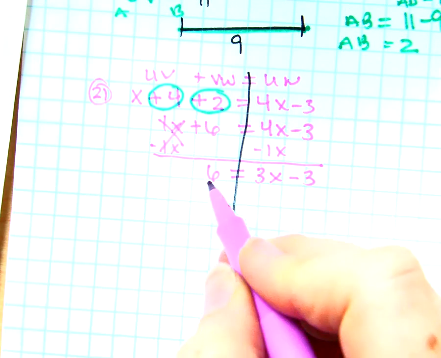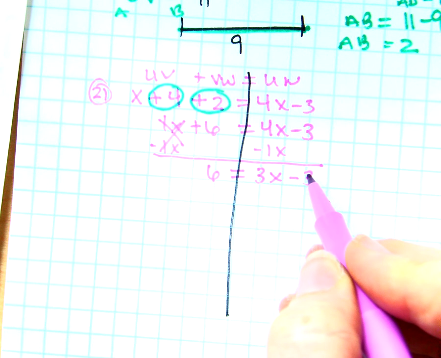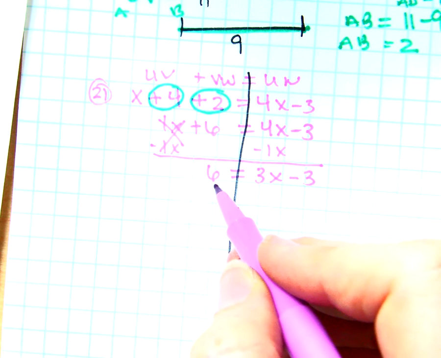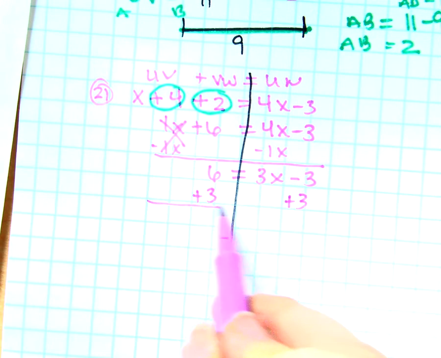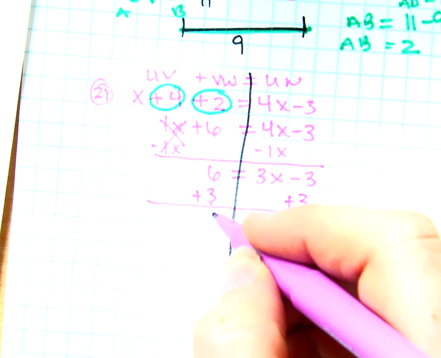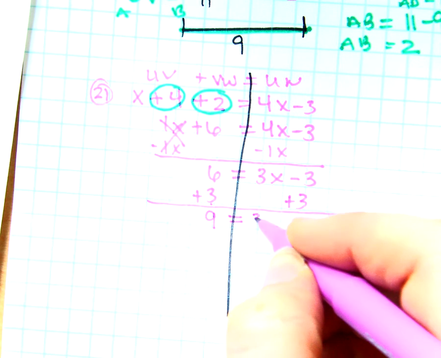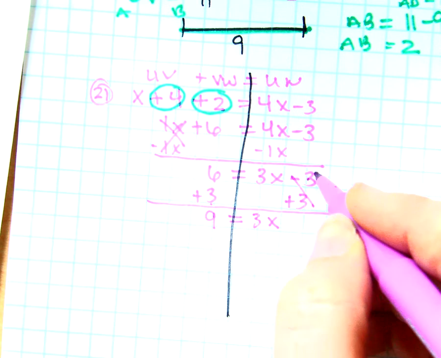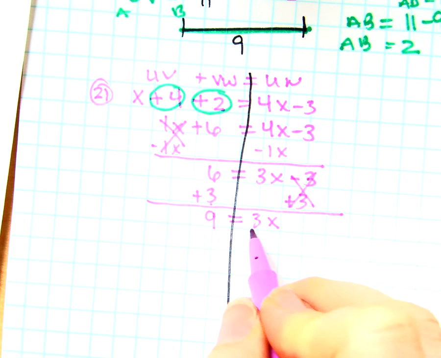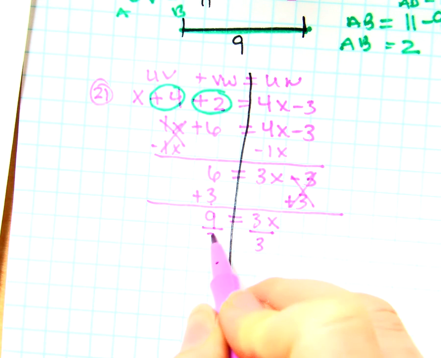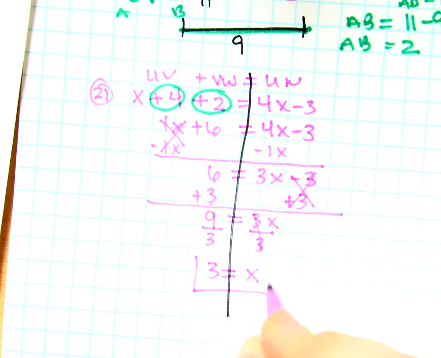So I don't want to move this 6 over here. I'm going to move this negative 3 over here. So I add 3 to both sides. 6 plus 3 is 9. Bring down the 3x. Negative 3 and positive 3 goes to 0 like I want it to. And then just one more step, because I'm just solving for x, is just to divide by 3. So for this problem, x is equal to 3 as my final.